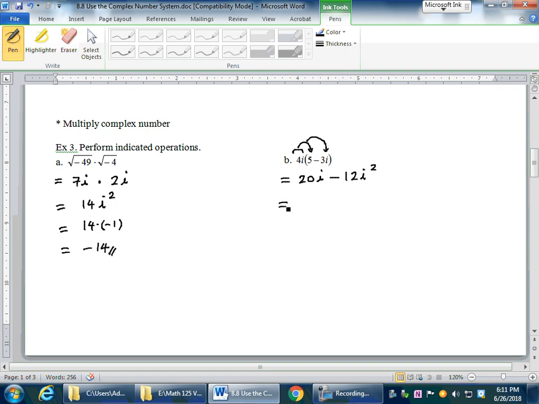Again, simplifying this, 20i minus 12 times negative, since i squared is equal to negative 1. So therefore, my final answer is 20i plus 12. Remember, you need to write your answer in standard form, so there will be the real part first plus the imaginary part. That will be your final answer.